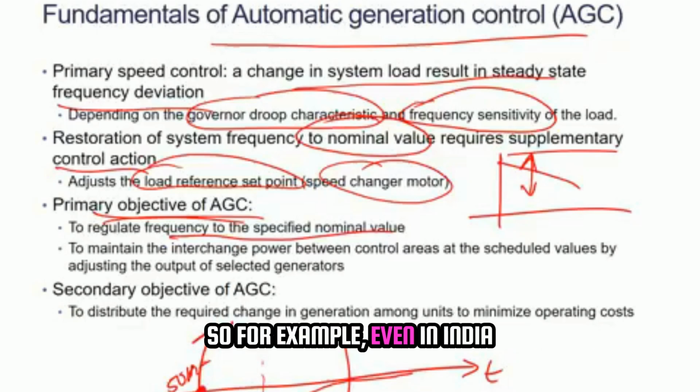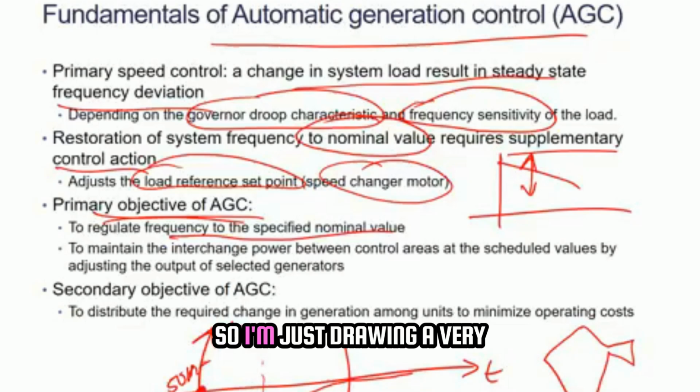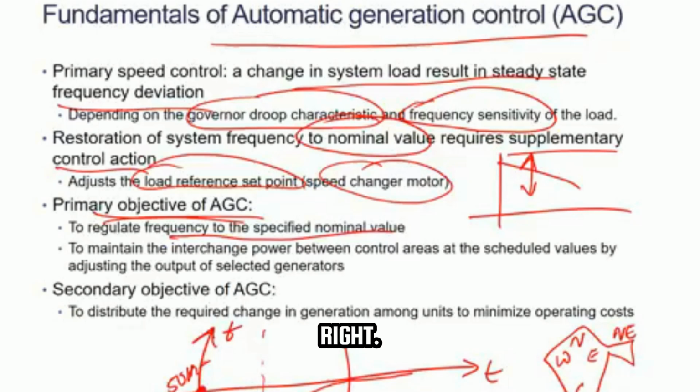So for example, even in India, I'll just give this idea. I'm just drawing a very simplistic diagram of India. In India, there are 5 regions: northeast, east, north, west, and south, right?